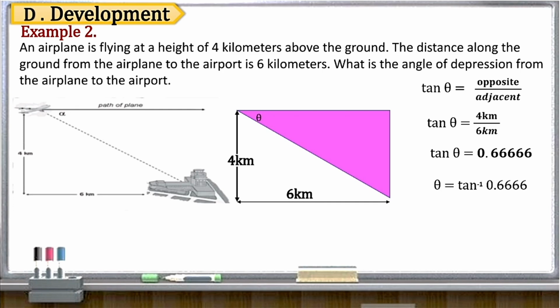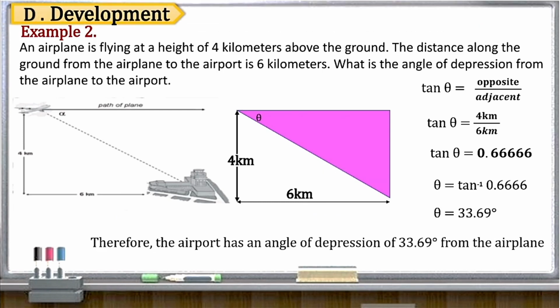At para ma-solve natin yung angle, ulitin natin, pipindutin yung shift, pagkatapos, tangent, then 0.6666, tapos equal. So, makukuha na natin doon yung angle natin. So, theta is equal to 33.69 degree. Therefore, the airport has an angle of depression of 33.69 degree from the airplane.